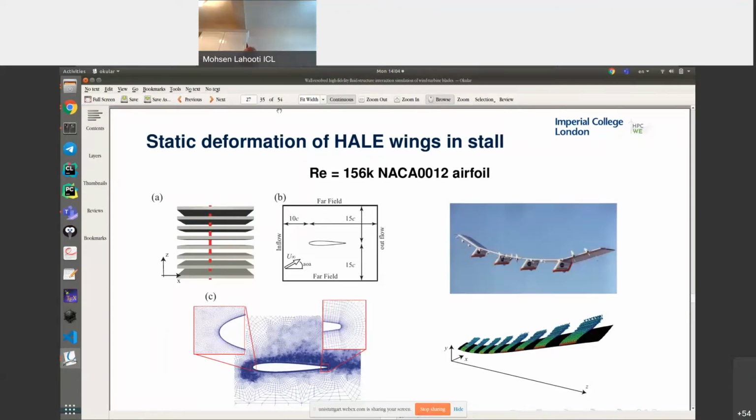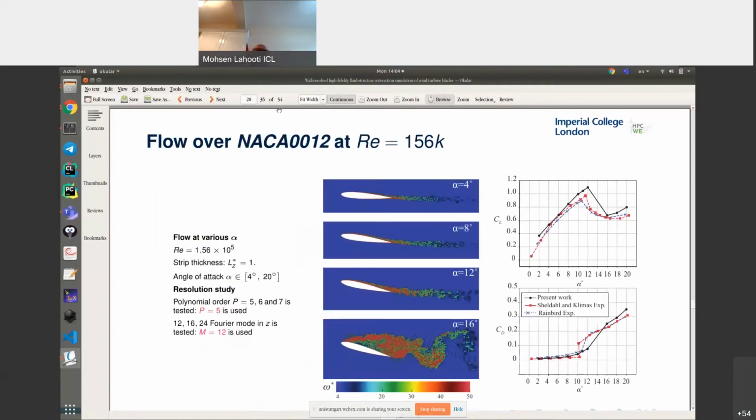However, before we get to the FSI results, as the wing deforms, it will also twist, so the airfoil sections along the span experience various angles of attack. So first, we simulated a flow at the same Reynolds number, 156K, over a range from 0 to 20 degrees angle of attack.